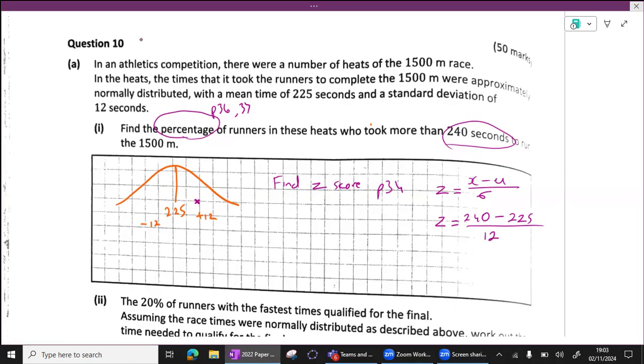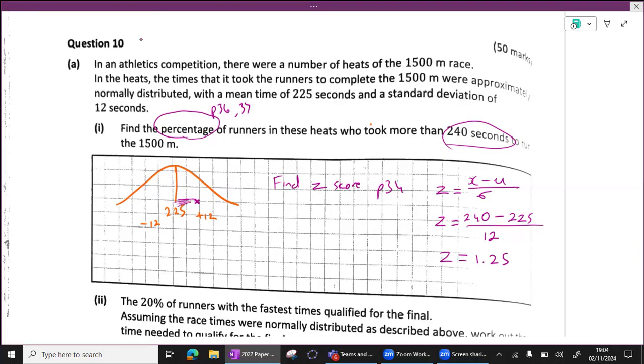When I pop this into my calculator, 240 minus 225, divided by 12, the answer I'm getting for my z-score is 1.25. That makes sense because it's telling us it's about 1.25 steps up from the mean. It's positive, so up.